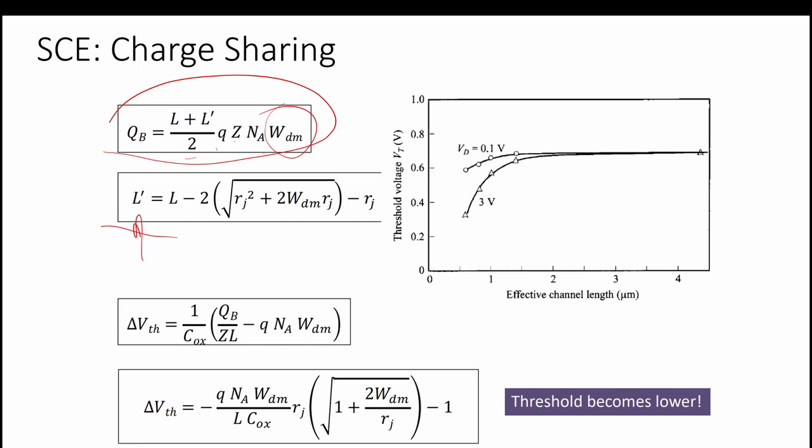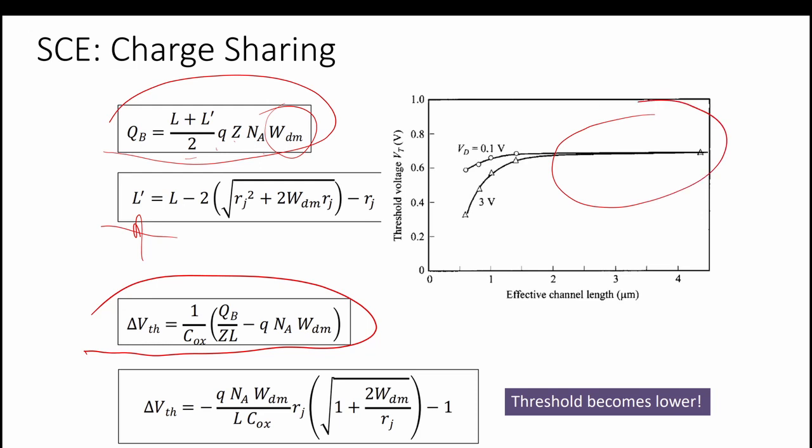So how is the threshold voltage changing? Here we see how the threshold voltage behaves with channel length when VD applied is equal to 0.1 volt only.